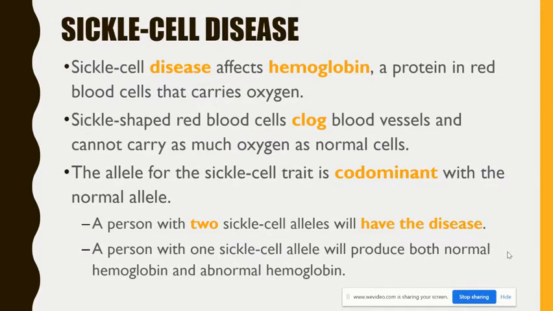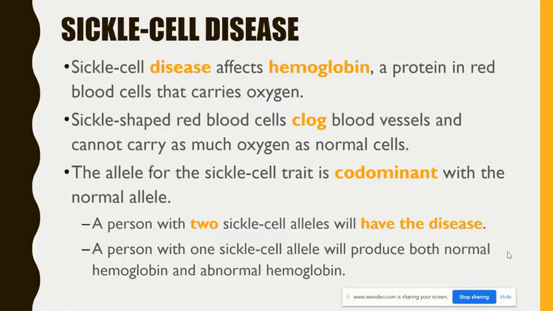So the next genetic disorder we're going to talk about is called sickle cell disease. This disease affects hemoglobin, which is a protein in red blood cells that carries oxygen. If you remember from our blood basics notes, we talked about the different components of our blood: the red blood cells, the white blood cells, the platelets, and the plasma.